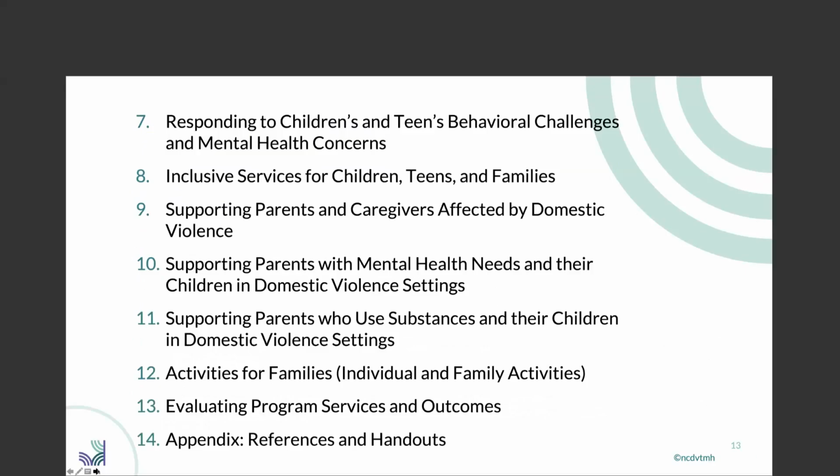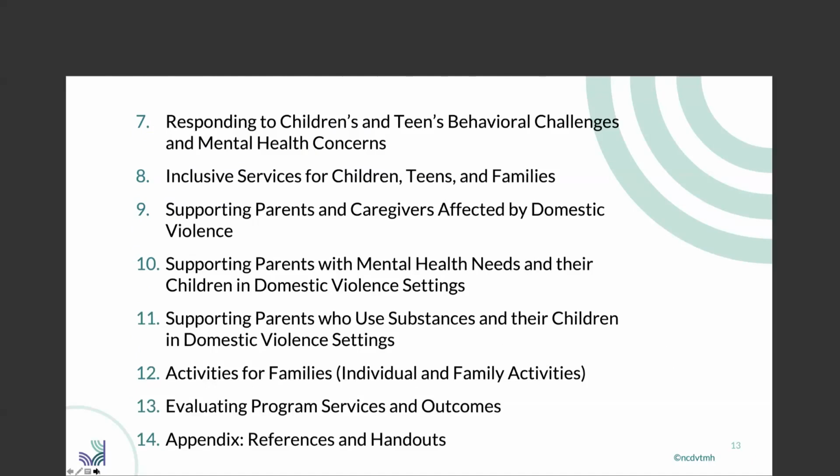All right, so section 7, another large content section, provides practice guidance for offering direct services and ways to partner with primary caregivers to address children's needs. So we offer suggestions on how to respond to concerns and unique needs of children and teens.